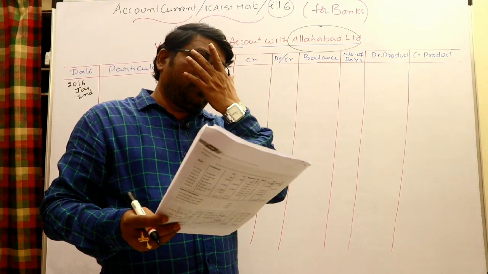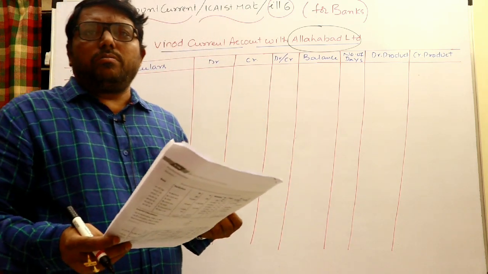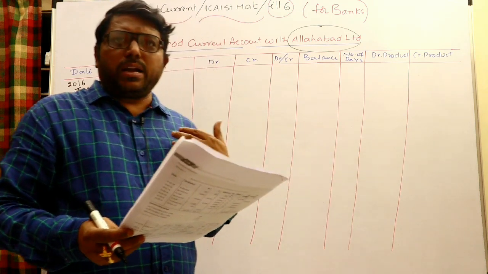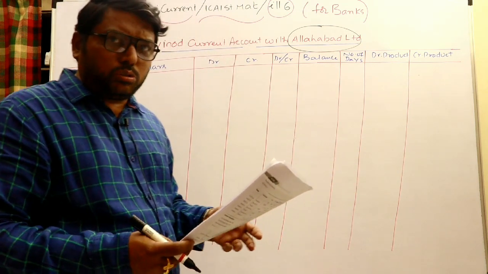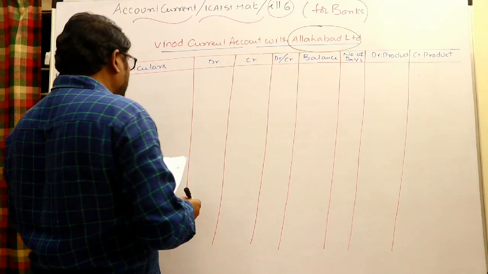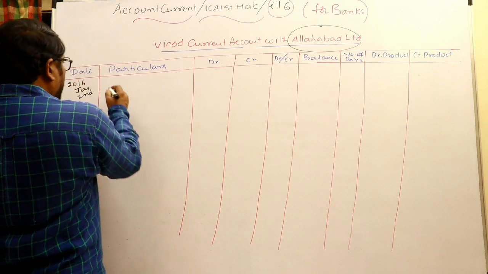From the bank's point of view, when you receive the money from Vinod, cash is coming to the bank, so cash is debit, and obviously Vinod is the giver, so Vinod should be credited. Cash account debit to Vinod; in the Vinod account, by cash.